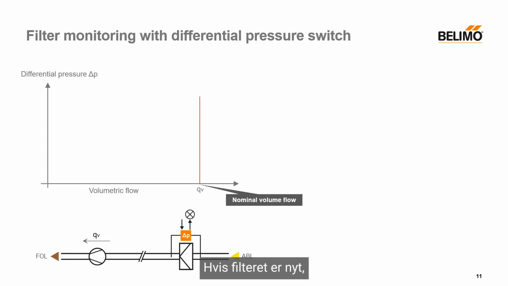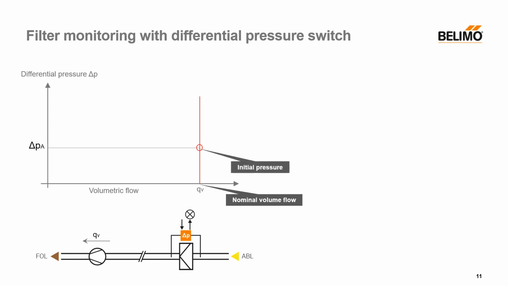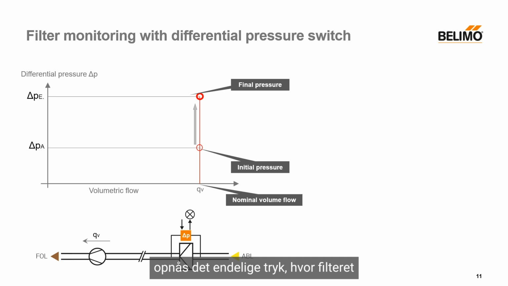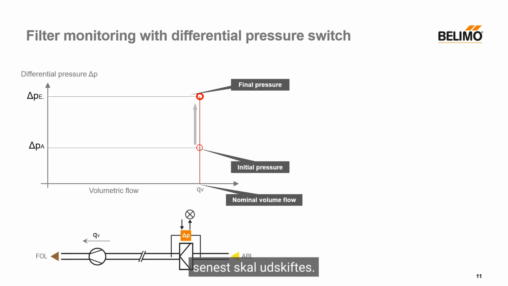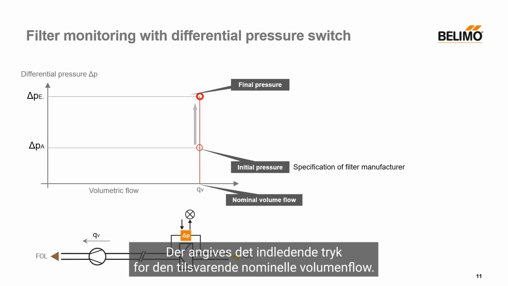If the filter is new, there is an initial pressure at the nominal volume flow. As the filter becomes increasingly dirty, the final pressure is reached at which the filter must be replaced at the latest. But where do these values come from? The initial pressure is listed in the filter manufacturer's data sheets. There, the initial pressure is given for the corresponding nominal volume flow.